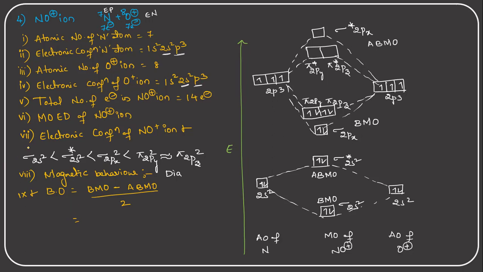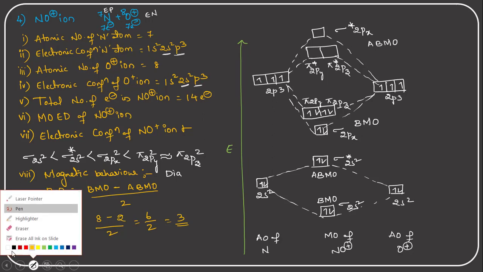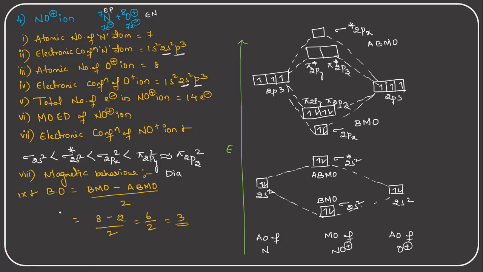How many electrons are present in the bonding molecular orbitals? 2 plus 2, 4 plus 2, 6, 6 plus 2, 8 electrons are present, minus anti-bonding electrons are 2. So 8 minus 2 will be 6, divided by 2 gives 3. So the bond order will be 3. That means, similar to the previous molecule, the cyanide molecule, this nitrosonium ion also has 3 bonds between the nitrogen and oxygen.